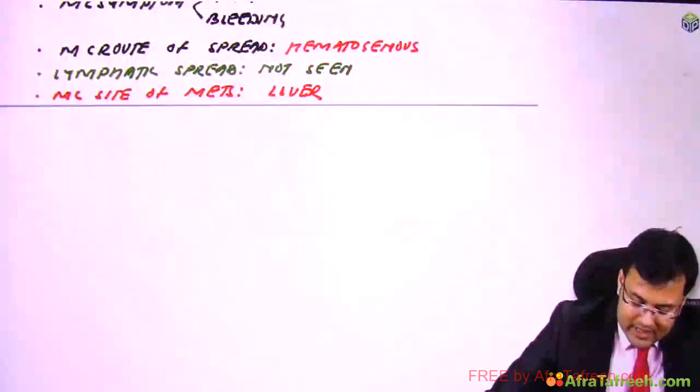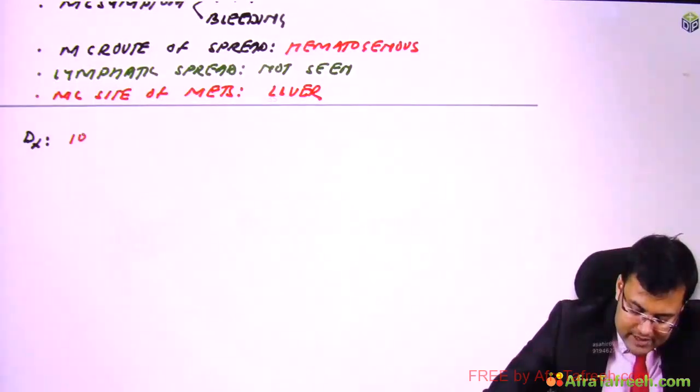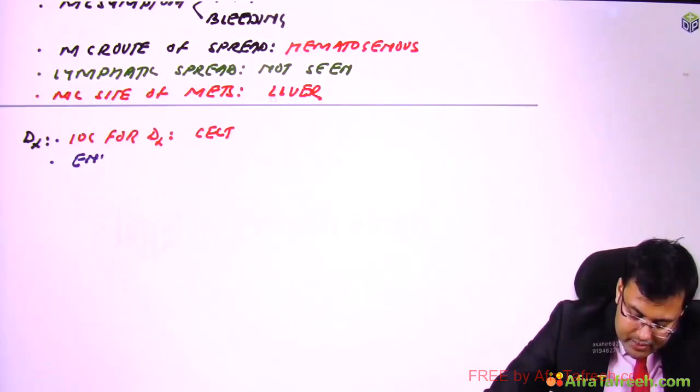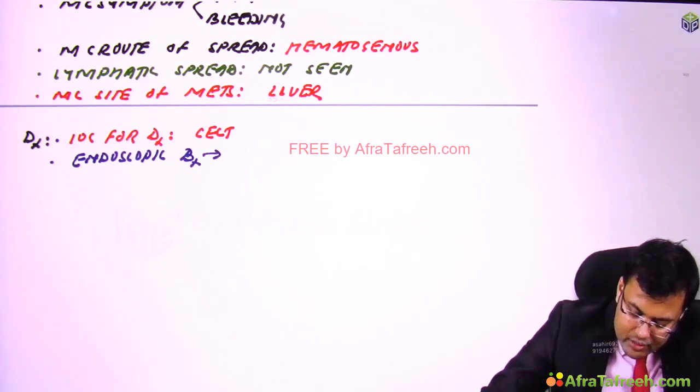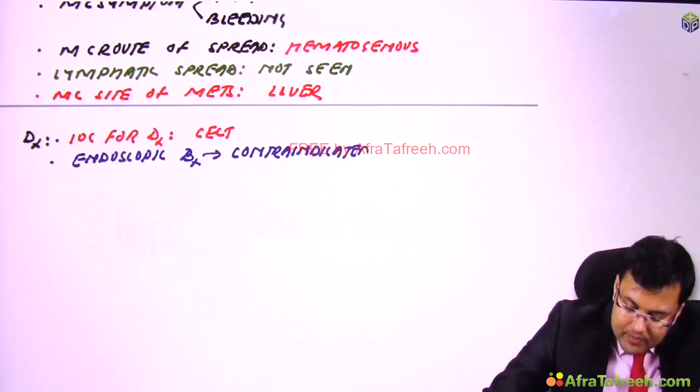So how are we going to make the diagnosis? Investigation of choice for diagnosis is the CT. And be careful, endoscopic biopsy is contraindicated. Why? Because it can lead to tumor rupture.